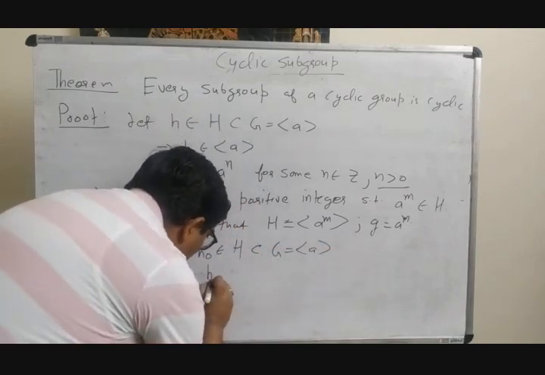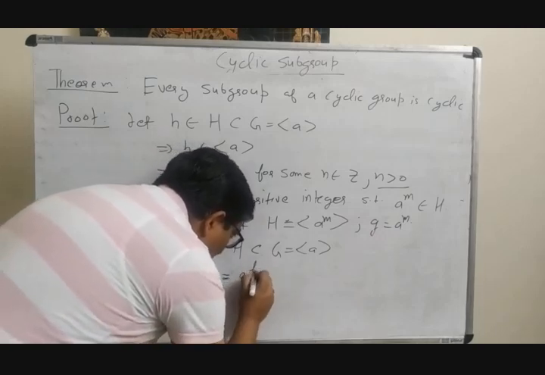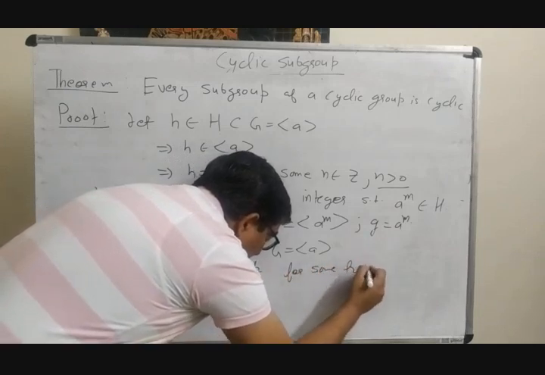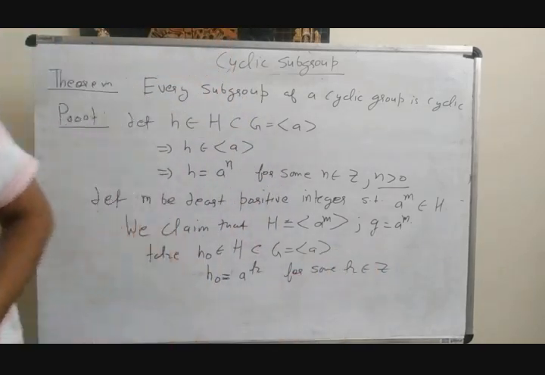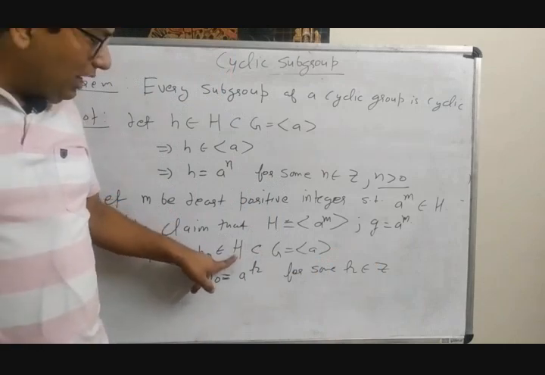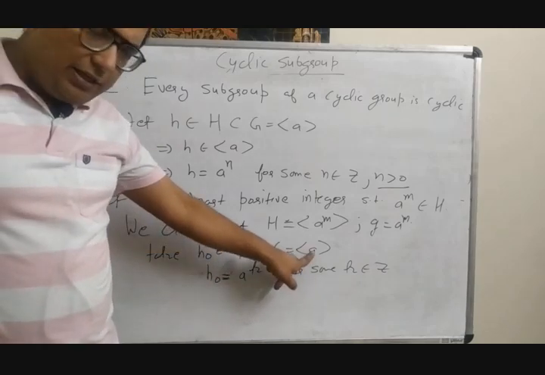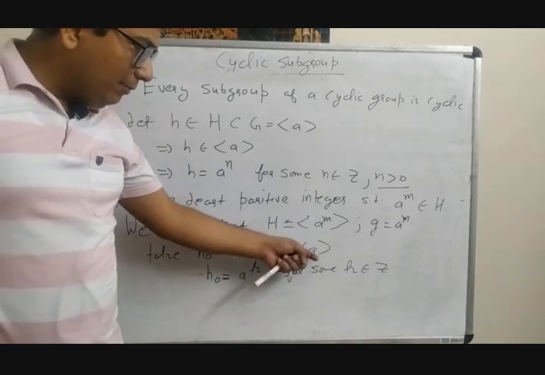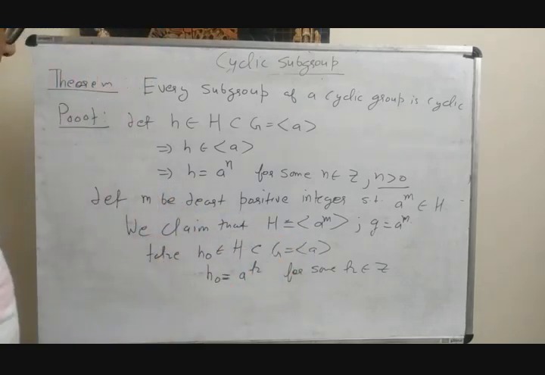So this h naught must be equal to a raised to power k for some k belongs to Z. Since h naught is an arbitrary element of H, and H is a subset of G, and G is generated by the element a, this h naught can be written as a raised to power k.